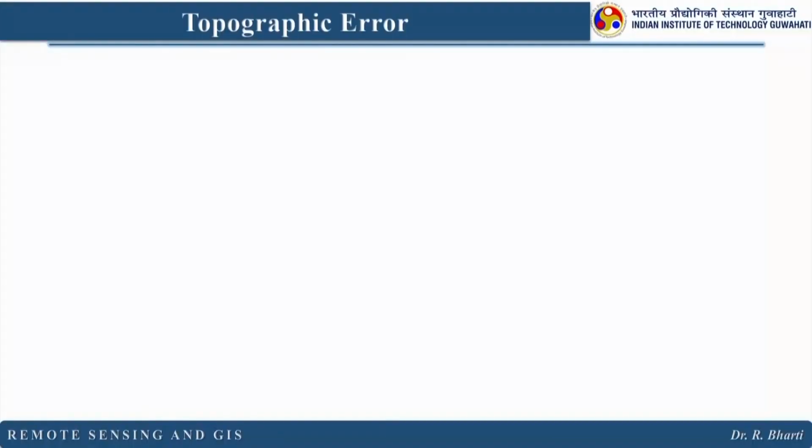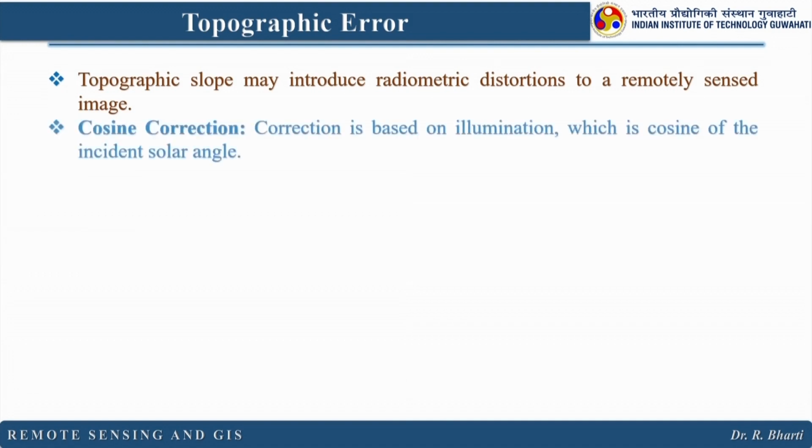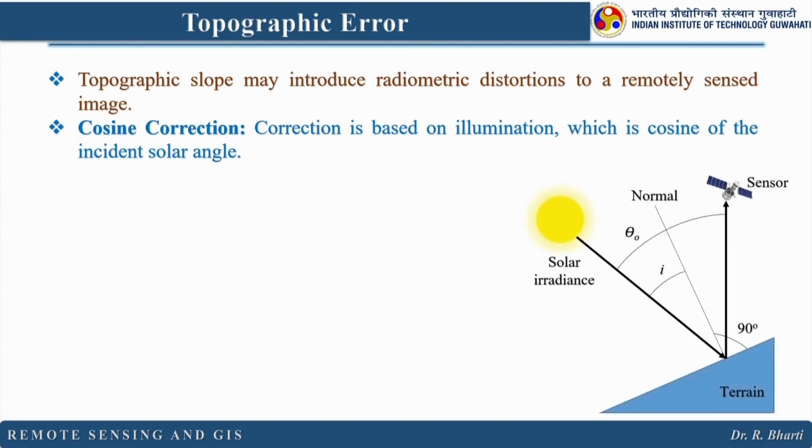So first one is topographic error. Topographic slope may introduce radiometric distortion to a remotely sensed image, and for that we do cosine correction. Correction is based on illumination, which is cosine of the incident solar angle, right. So here you can understand this.